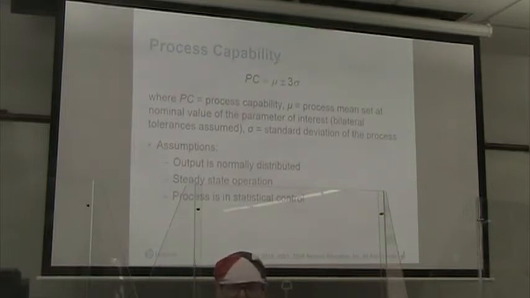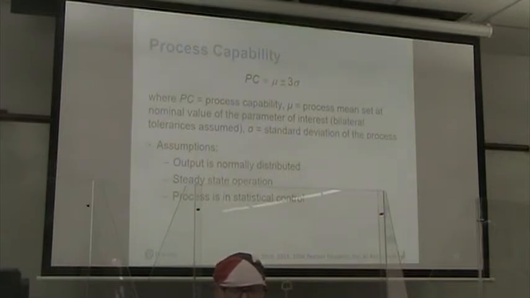When we talk about process capability, we have the equation process capability equals mu, or the process mean, plus or minus 3 times the standard deviation.